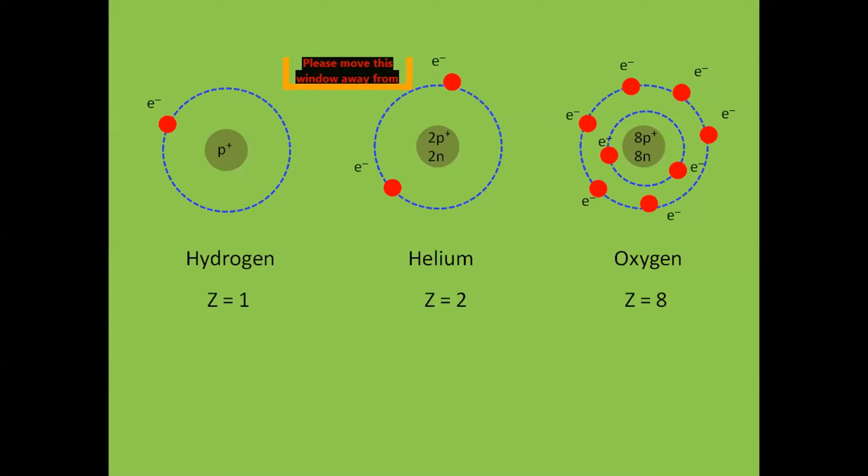Once we know about the atomic number, the next thing we are going to learn is called atomic mass number. Atomic mass number is represented by the alphabet A. When I say atomic mass number, from the work of the previous scientists, my dear students, we studied that the mass of the atom is concentrated in the nucleus.